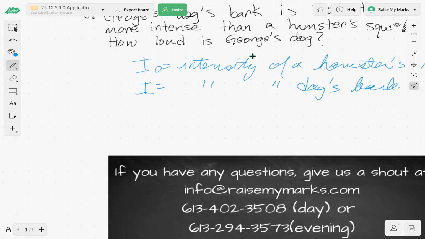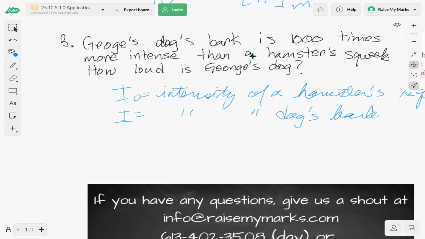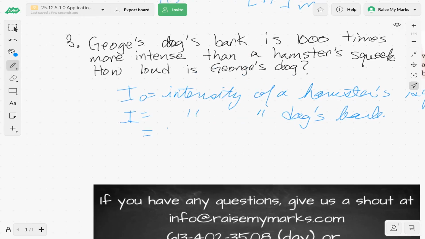We're told that the dog's bark is 1,000 times more intense than the hamster's squeak. So I actually equals 1,000 times I0.